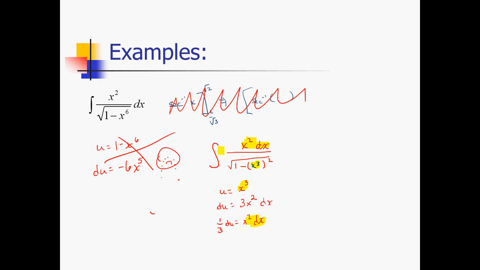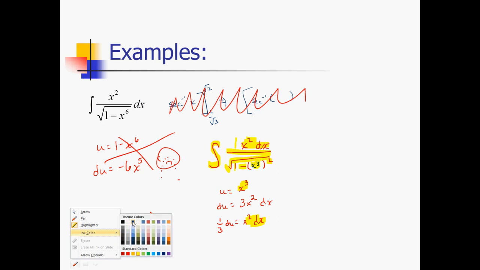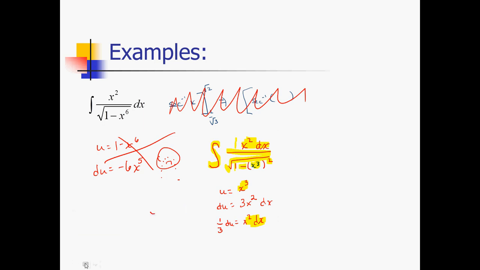And now this time I'm going to be copying over, because what I'm going to be anti-differentiating is 1 over the square root of 1 minus stuff squared. And of course that is what? Inverse sine.